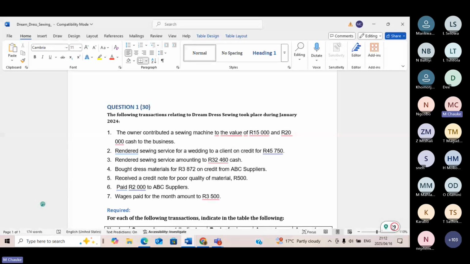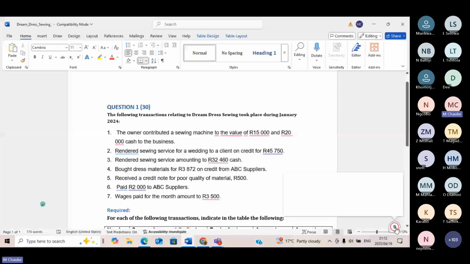You must just know that whenever the owner is making a contribution, whether it be money or any different type of assets, that is capital.